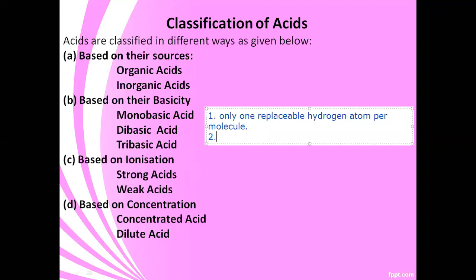So the next one is dibasic acid. Di means 2. So two hydrogen ions are replaceable in that acid. So that is called dibasic acid. That acid gives two hydrogen ions.